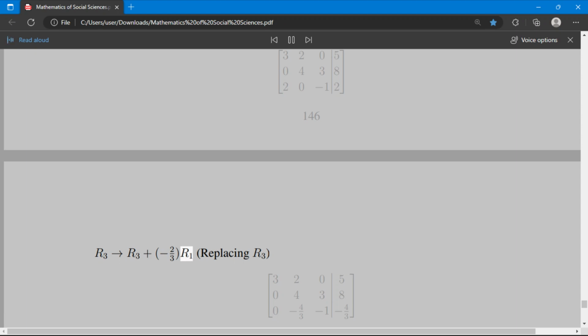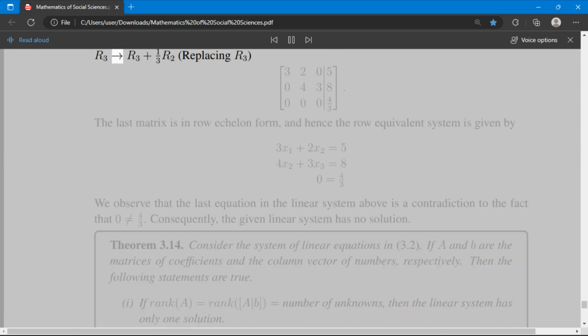R3 rightward arrow R3 plus 2/3 R1, replacing R3. R3 rightward arrow R3 plus 1/3 R2, replacing R3. The resulting matrix is 3 2 0 | 5; 0 4 3 | 8; 0 0 0 | 4/3.